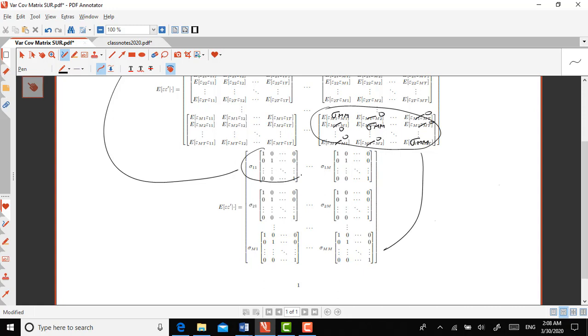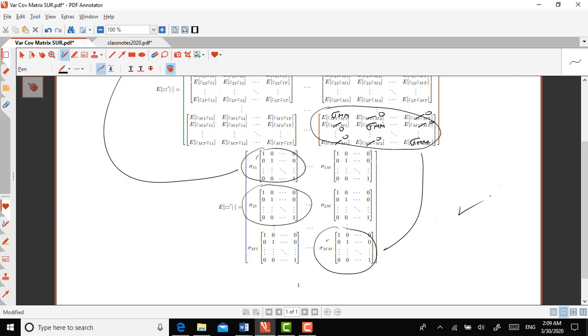This reflects homoscedasticity for the first equation, homoscedastic errors for the n equation, and in the off diagonal elements, there's this assumption of correlation of observations for the same individual across equations. But we're assuming that the errors for different individuals are not correlated within the equation or across equations. Okay, so that's what's going on here.